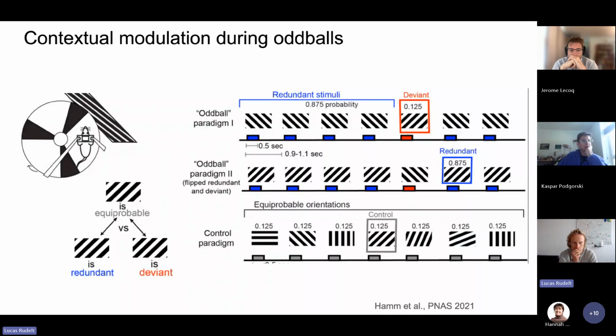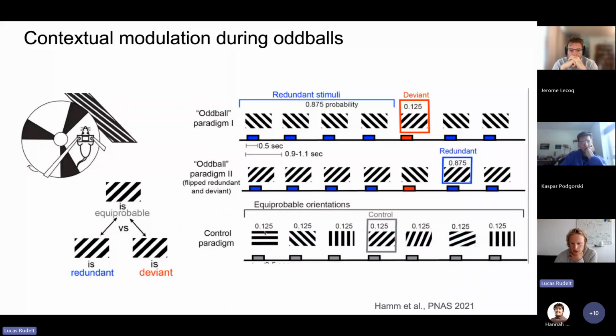Just to get you on the same page again, the idea of investigating contextual modulation during oddballs in this way is something that Jordan Ham was already using in this PNAS paper, where there's an oddball condition similar to ours, with a redundant stimulus and then an orientation deviant with a certain probability.